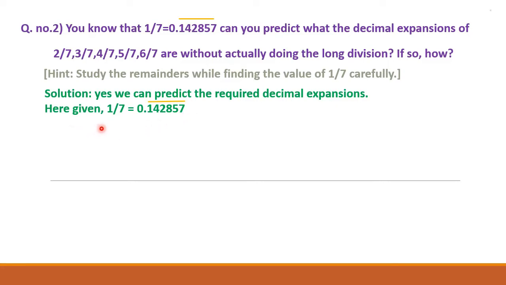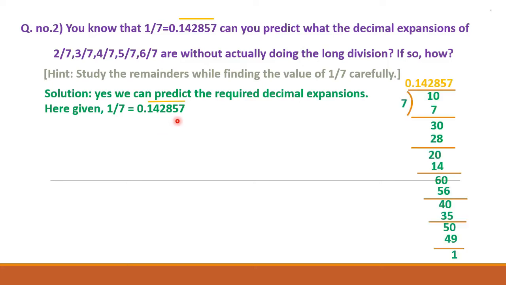Here given 1 by 7 is equal to 0.142857 bar. On dividing 1 by 7, we find that the remainders repeat after 6 divisions. Therefore, the quotient has a repeating block of 6 digits in the decimal expansion of 1 by 7.